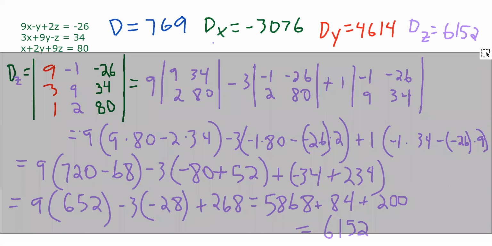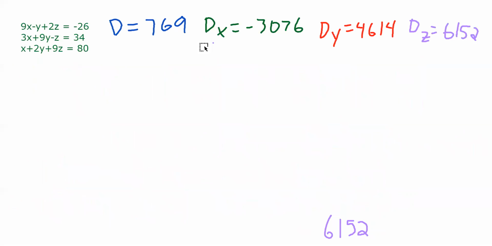We'll clear off all this mess. We've done all the heavy lifting, all the hard parts. Now all we have, our solutions. Finally, we can breathe a great sigh of relief. Our solutions to our system of equations, x is going to be the dx determinant divided by the d determinant.